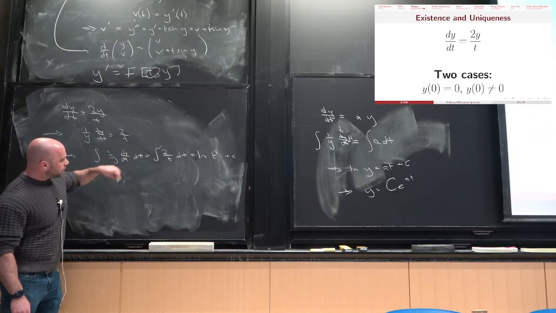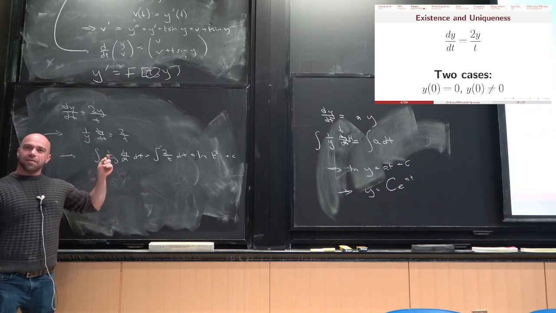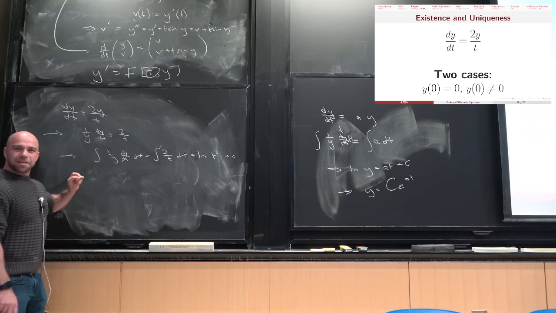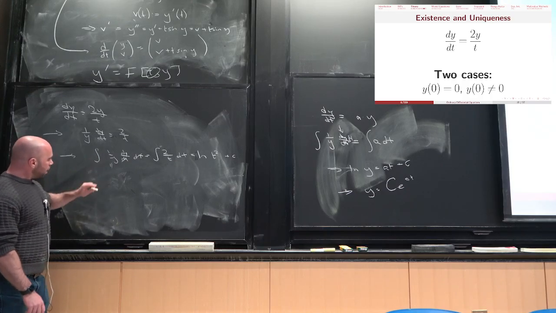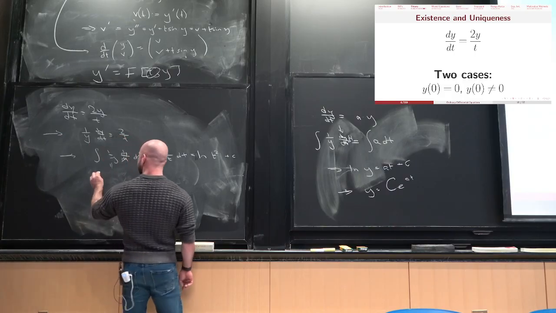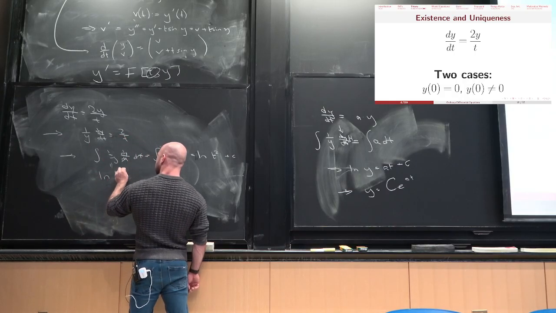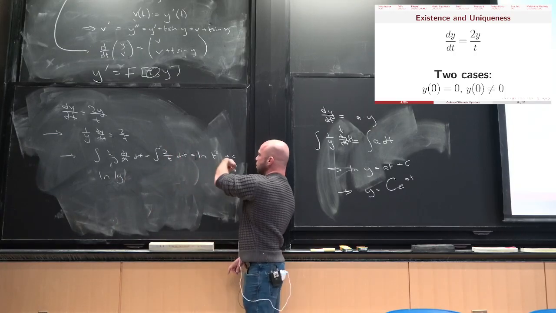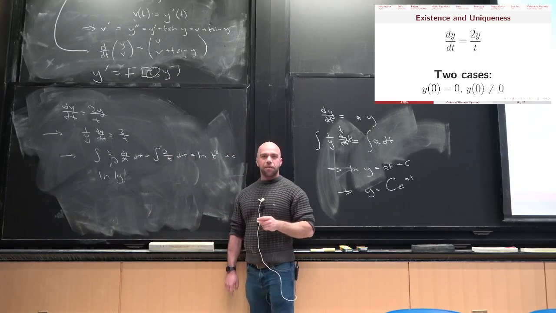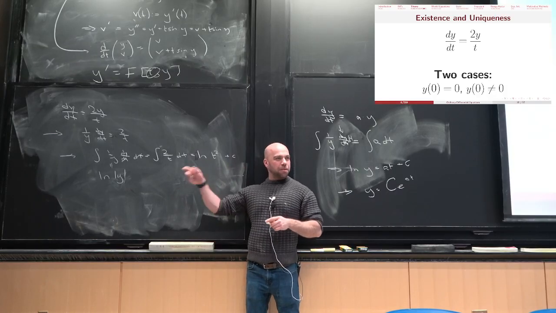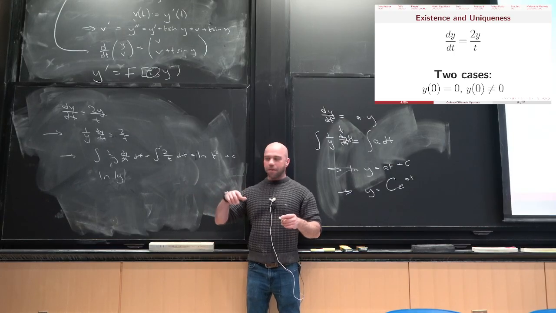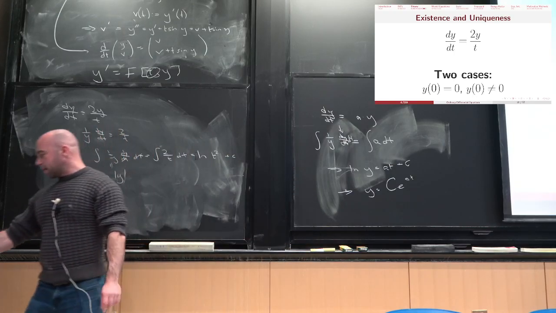Notice that these dt's cancel if we're sloppy Leibniz mathematicians here. And what do we get? The integral of 1 over y, which is the natural log of the absolute value of y, is equal to natural log of t squared plus a constant. Here, this constant is enough to account for both indefinite integrals. Okay, so what do we get?